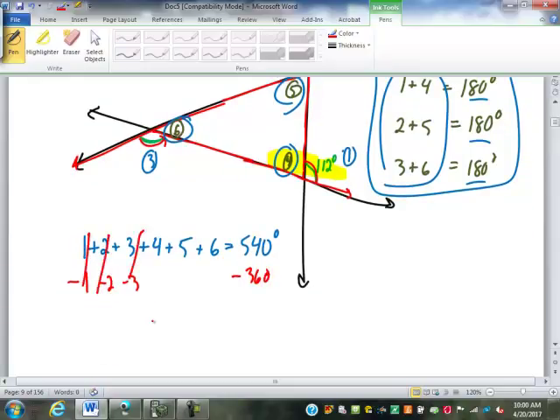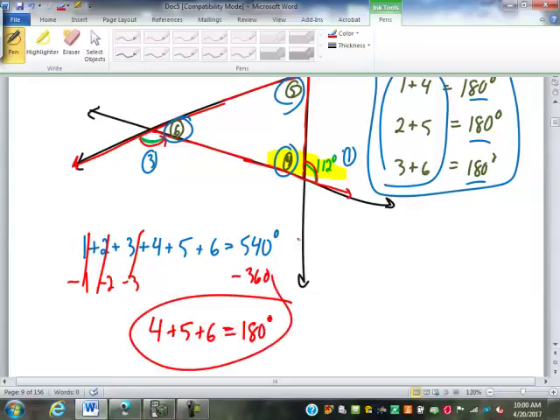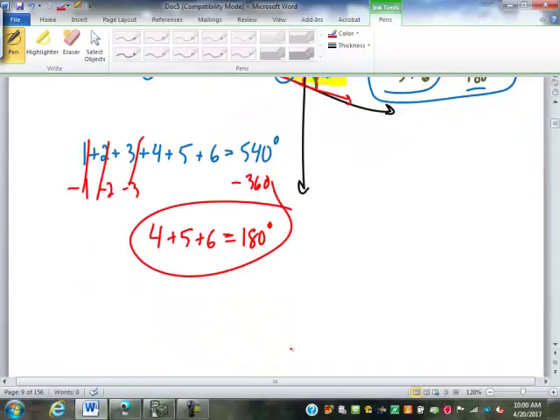So those angles are gone. I'm left with 4, 5, and 6 that have to add up to 180 degrees. That will be true of every triangle we make. Every triangle, these are called the interior angles. That is referred to as the interior angle sum. It has to be 180 degrees for a triangle.